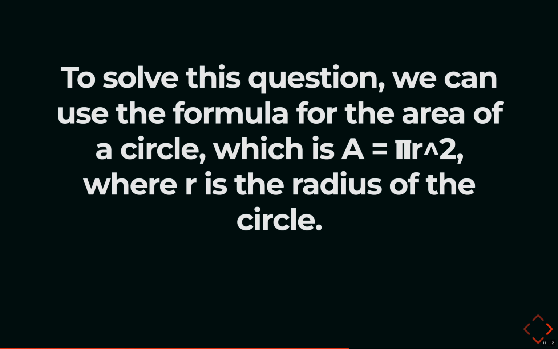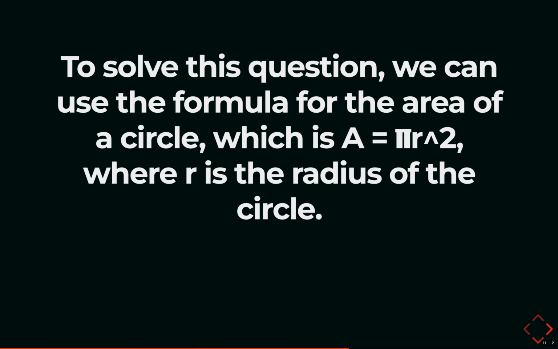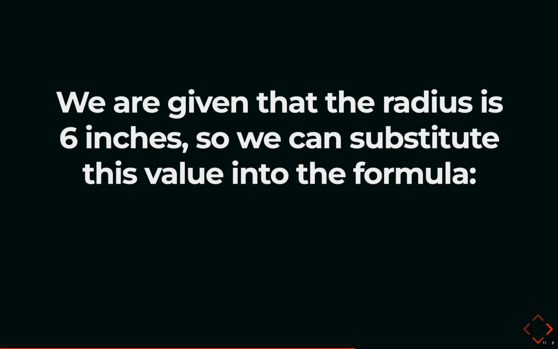113.04. To solve this question, we can use the formula for the area of a circle, which is area equals pi times radius squared, where r is the radius of the circle. We are given that the radius is 6 inches, so we can substitute this value into the formula. A equals pi times 6 squared.